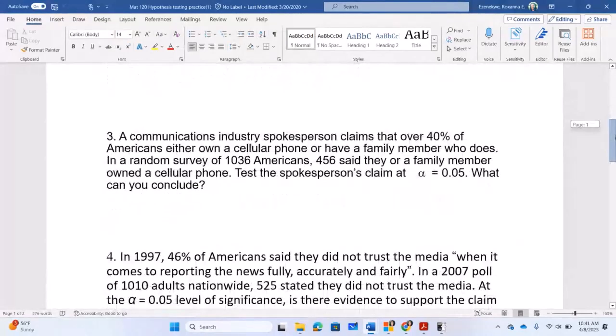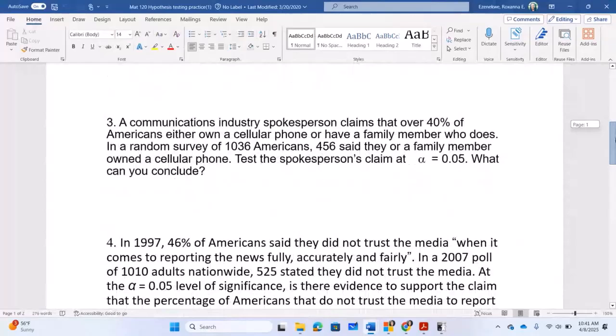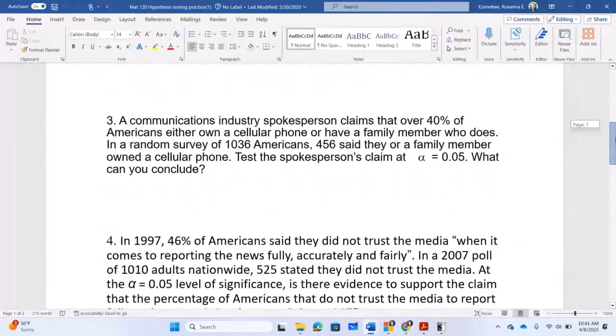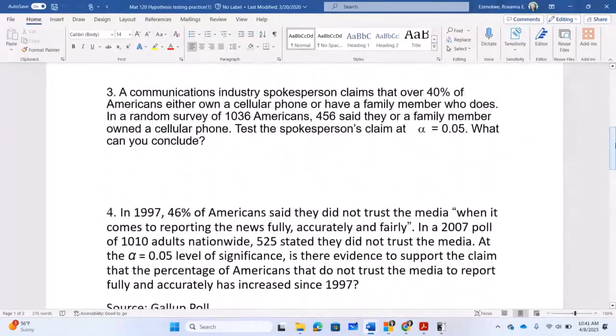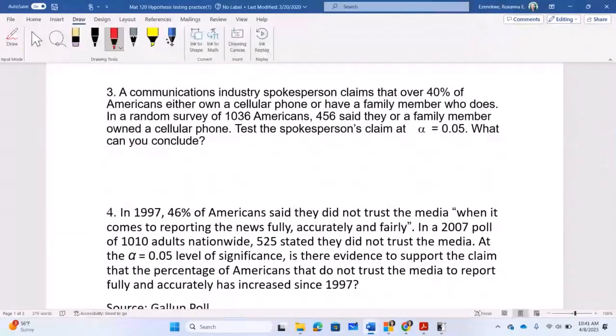Okay. So let's look at question number 3. I'm going to put this in Blackboard also. So the question here, how do I know that this is a proportion hypothesis testing? First of all, the mean is given to me in percent, and they give me a sample size. So I'm using this sample to estimate whatever I have. This is x.